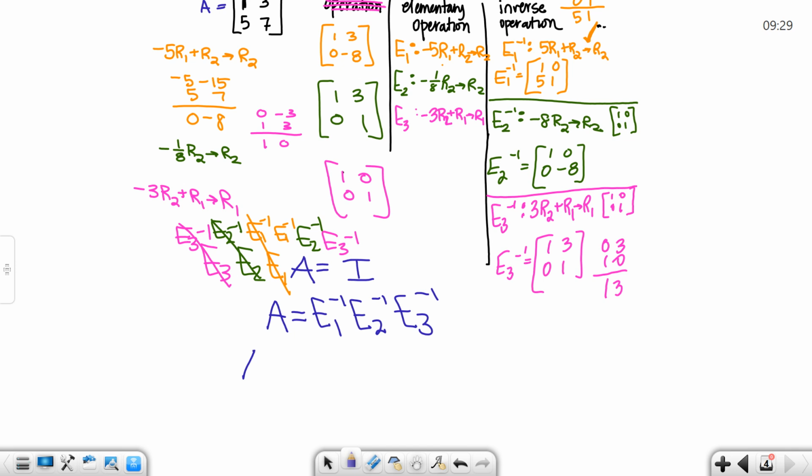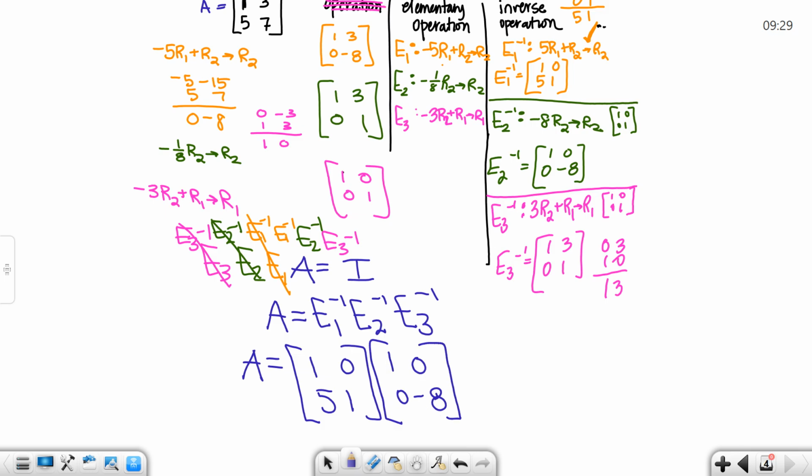So if we look back over there, the placement is really important. E1 is 0, 1, 1, 0, 5, 1. E2 is 1, 0, 0, negative 8. And E3 is 1, 3, 0, 1. And that's your answer. For me, I will only give you 2 by 2.